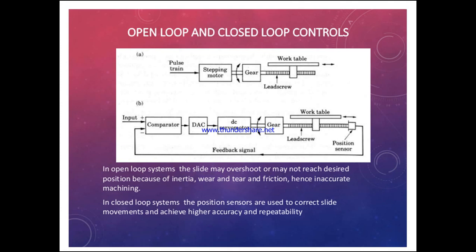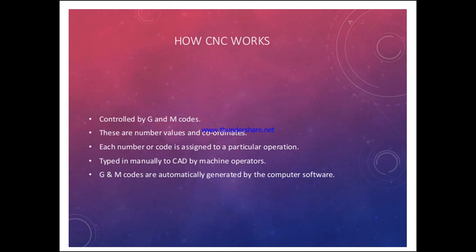That is a closed control loop. So when the CNC has a feedback signal, it is a closed loop system, and it works based on position sensors which are used to correct slide movements and achieve higher accuracy and repeatability. So how exactly does the CNC work?